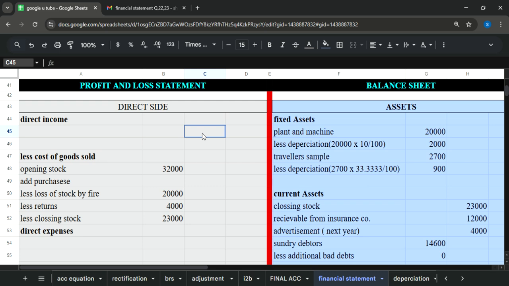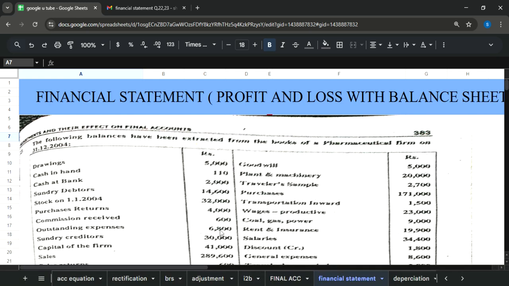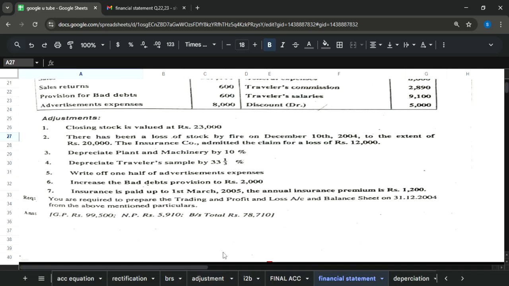Here you will mention 289600, the amount of sales, and we will wait for its returns as well. 289600. Yes, we do have. And after sales we have sales return 600.